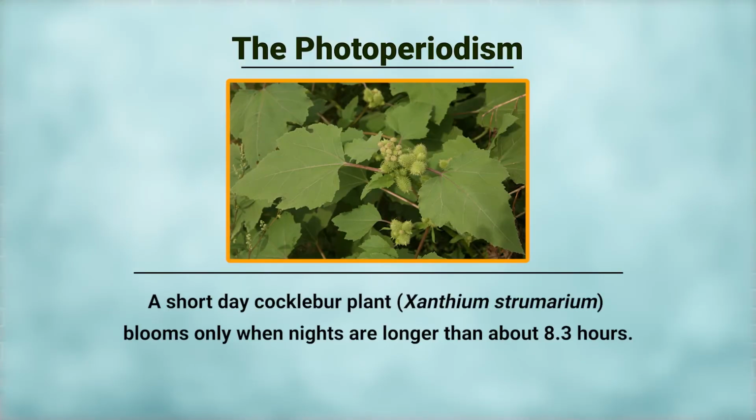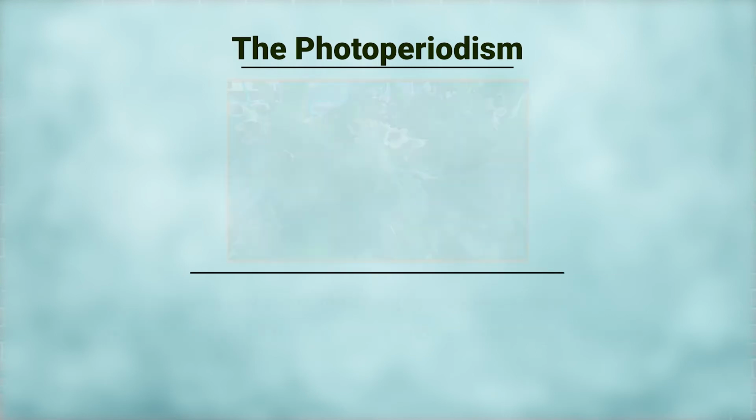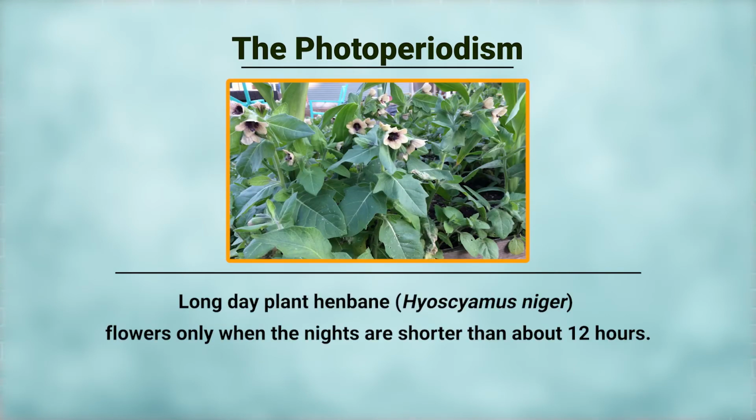A short day cocklebur plant, that is Xanthium strumarium, blooms only when the nights are longer than about 8.3 hours. Long day plants, Henbane and Hyoscyamus niger, flower only when the nights are shorter than about 12 hours.